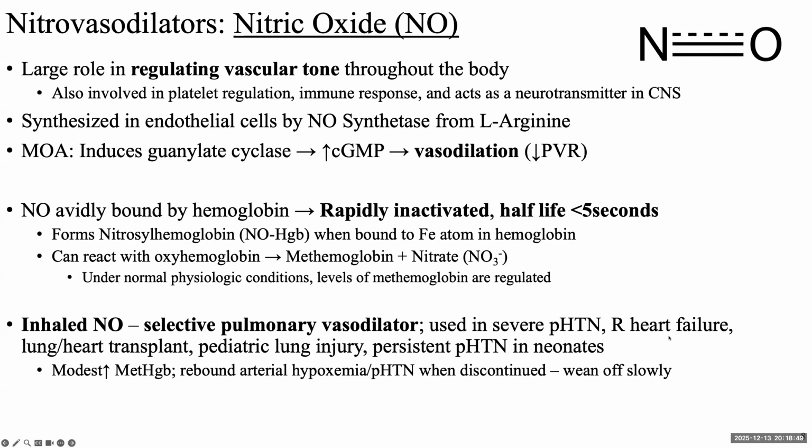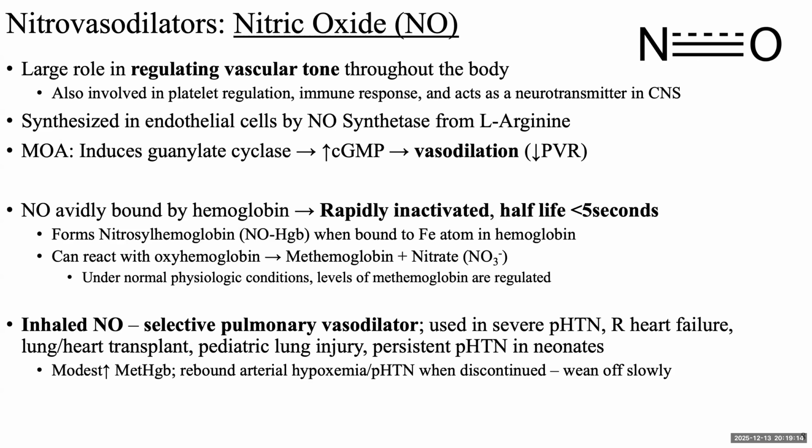All right, let's talk about the nitro vasodilators. We'll start with nitric oxide. It has a large role in regulating vascular tone throughout the body. So, nitric oxide is something that we endogenously produce and have available.